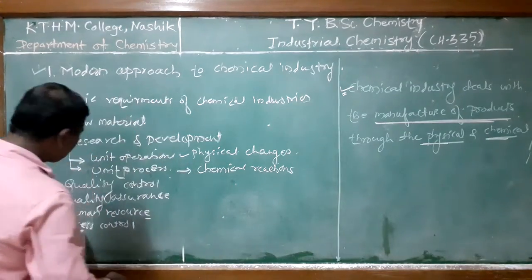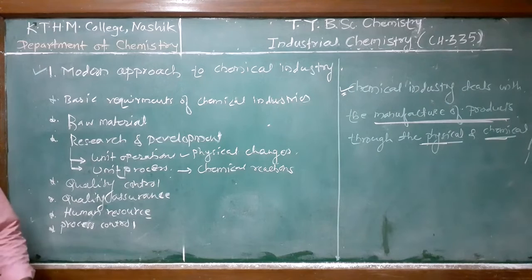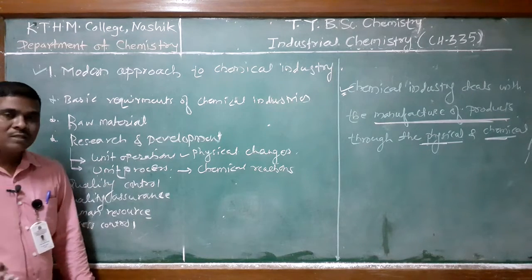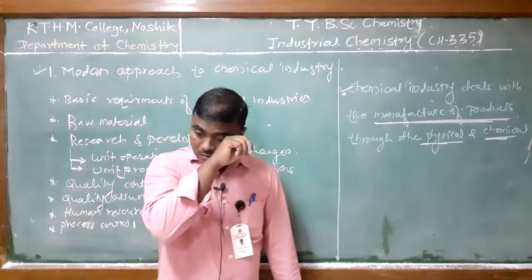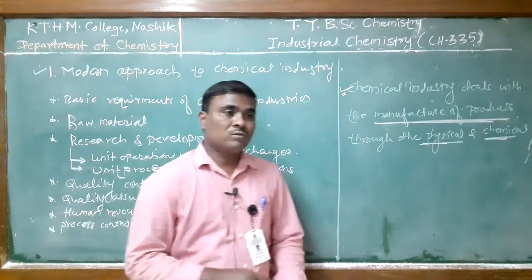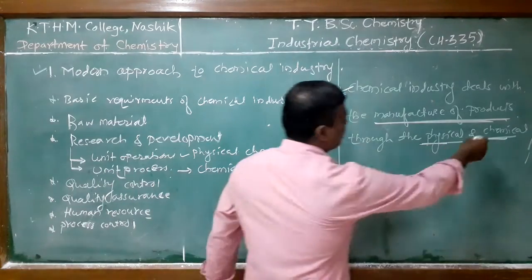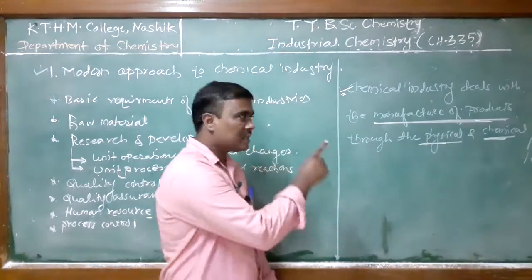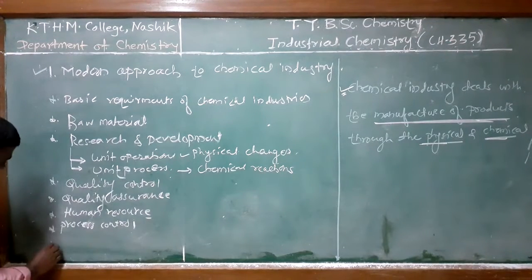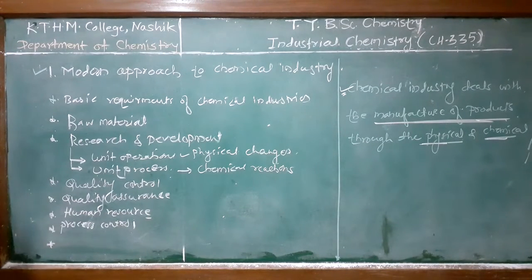So, that process control is nothing but to control the variables of the reactions like temperature, pressure, and concentration also. So, it affects the quality of the product, it affects the manufacturing of product. See, again and again this term is very useful. Process control, then safety measures.